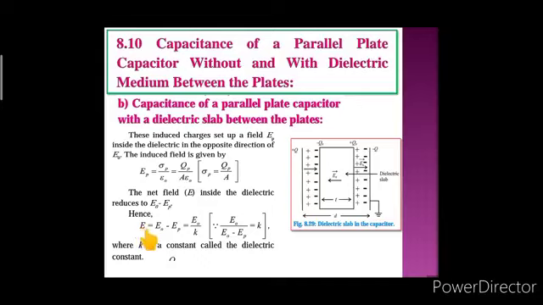Hence we can write E is equal to E0 minus EP, which is equal to E0 upon K. And finally, E0 is sigma upon epsilon naught, which is equal to Q upon A epsilon naught. Here we get E equal to E0 upon K.